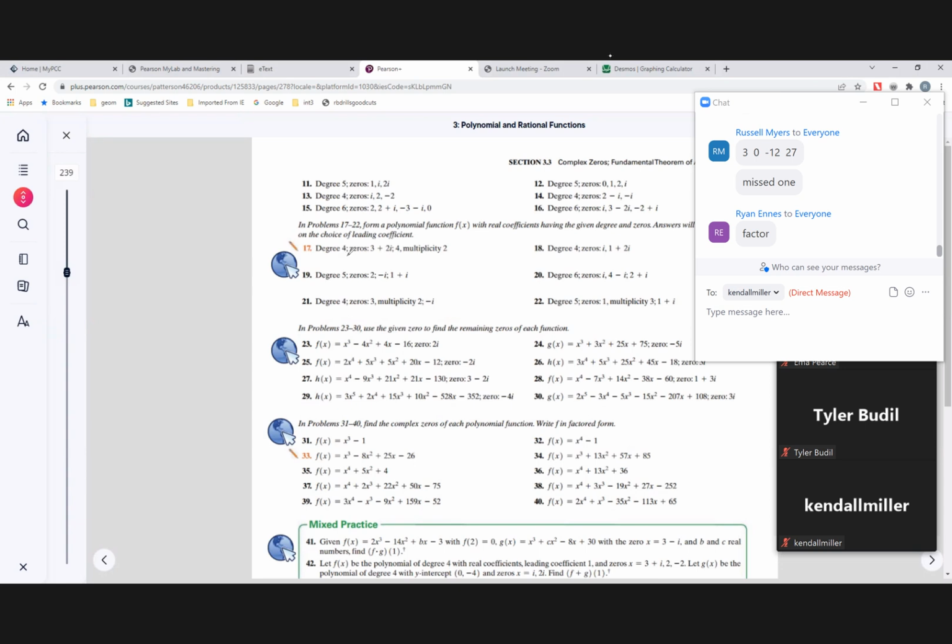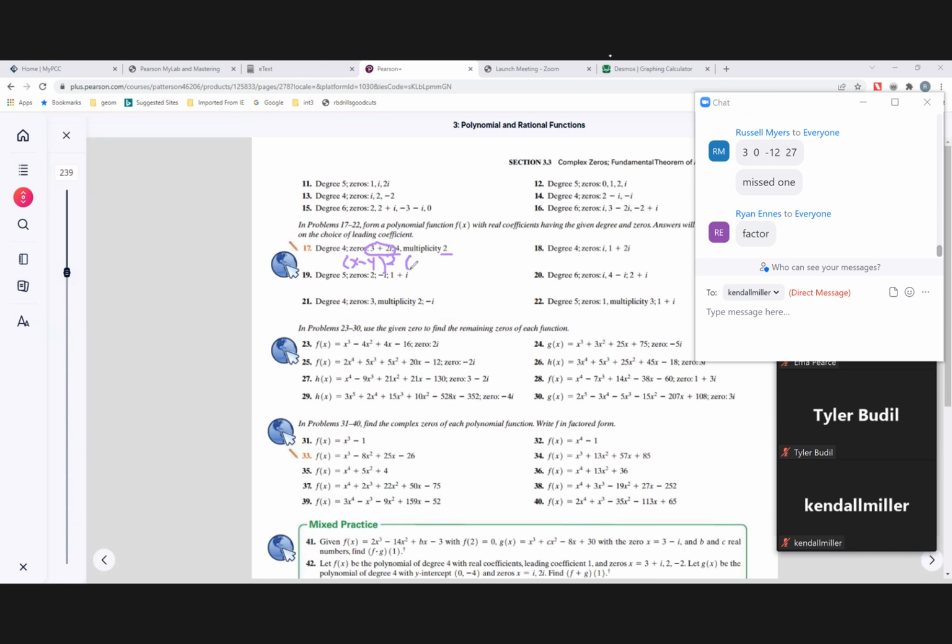The degree is 4, so I should have 4 zeros. Well, there's 1. Okay, here's 4, but it has a multiplicity of 2. So that means I'm going to have an x minus 4 squared there because the multiplicity is 2.